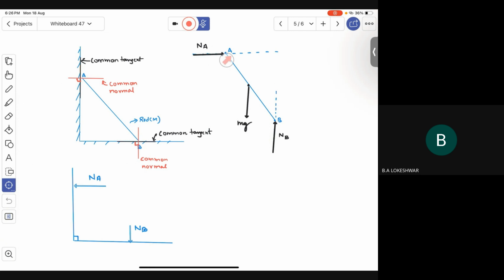It must be rightward only. Clear? So how the reactions of those forces will act on the wall at A and B, it will be acting in opposite direction, but same magnitude. I hope it is clear to all of you. Easy only, no? Clear, everyone?